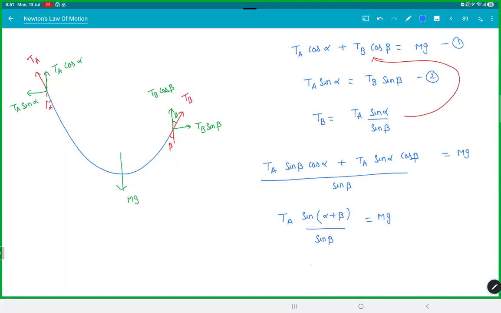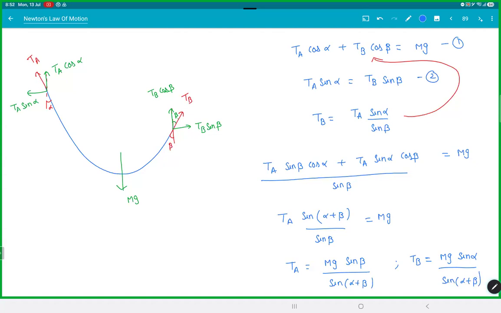So you can get it in terms of sin. So TA is mg sin beta by sin alpha plus beta. When you substitute there, TB will be mg sin alpha by sin alpha plus beta.